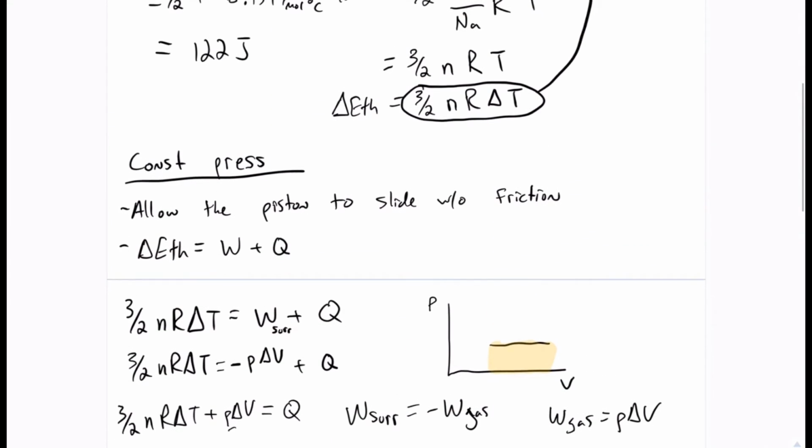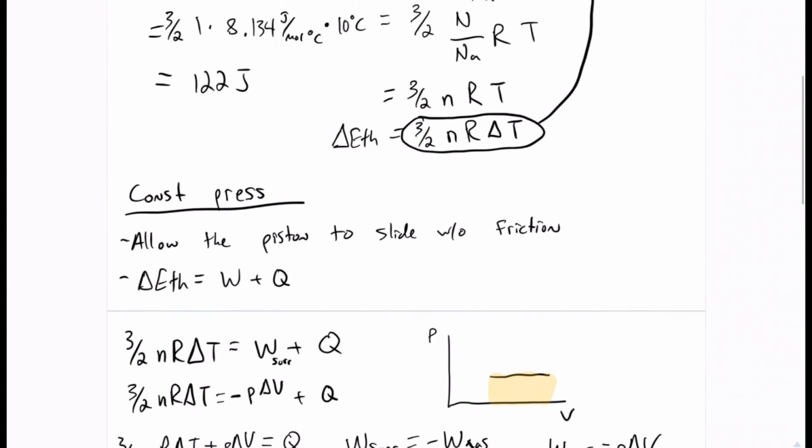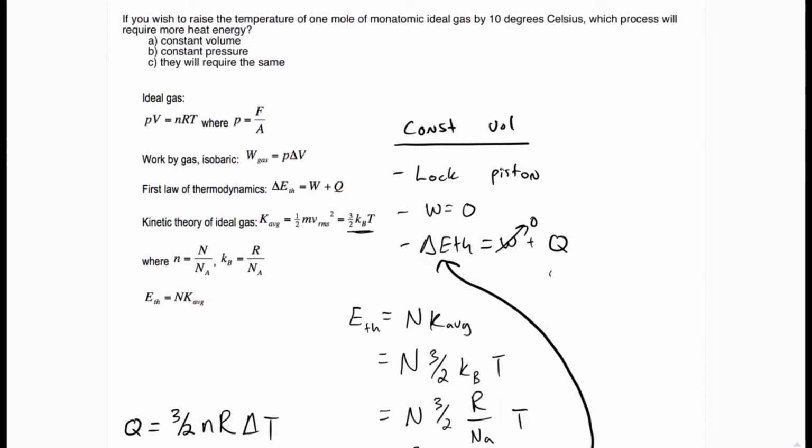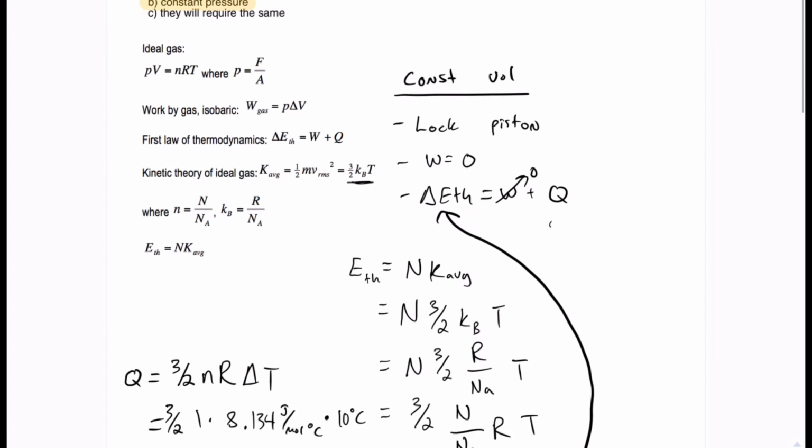And we'll see that is more than 122 joules for the constant volume process. So now I think we're ready to answer our question and say that a constant pressure process is going to require more energy.